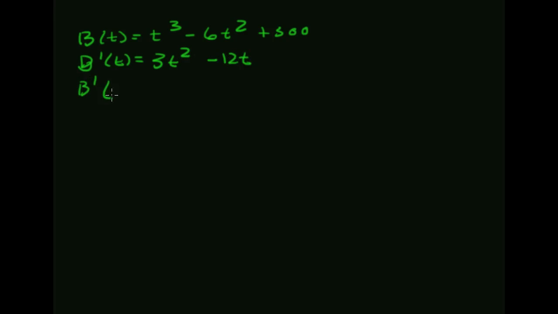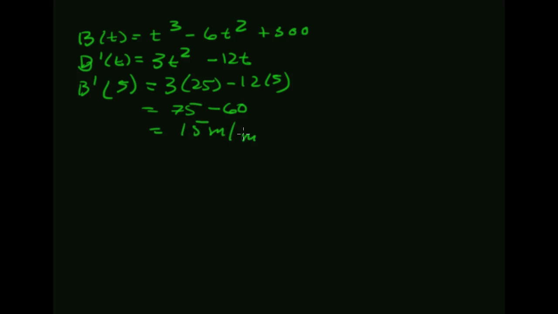So his acceleration at time 5 is going to be 3 times 25 minus 12 times 5, which is 75 minus 60, or 15 meters per minute squared. Remember, that's an acceleration.